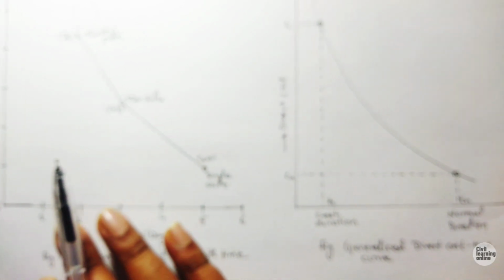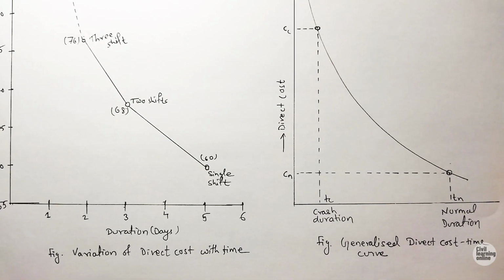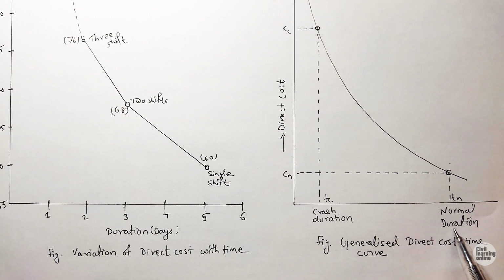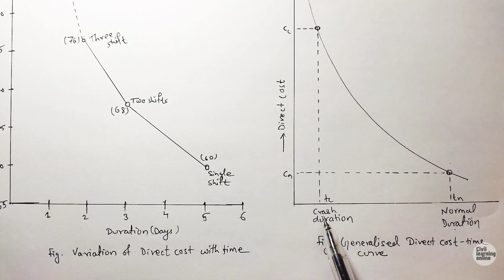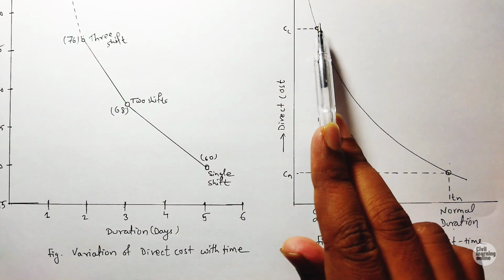When we generalize the direct cost time relationship, it takes the form of a curve, and here we have the crash duration. Normal duration is denoted by Tn, and when the normal duration is crashed, we have the crash duration, and corresponding to the crash duration we have the crash cost.